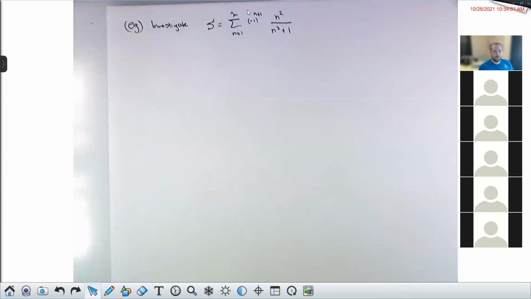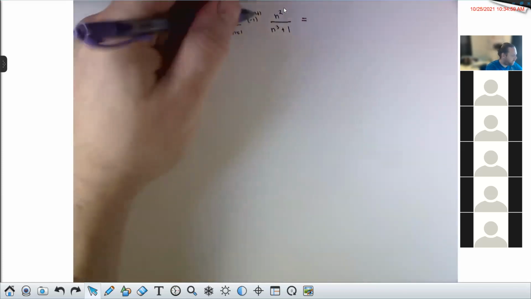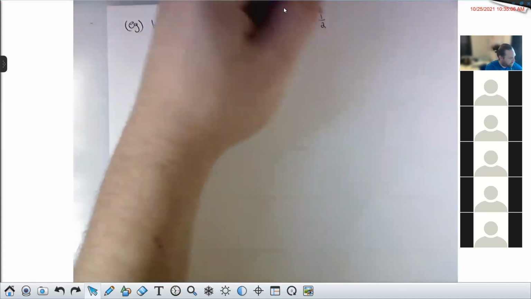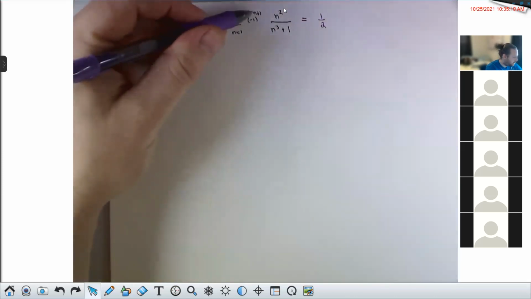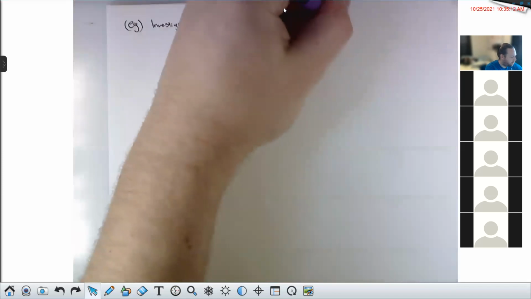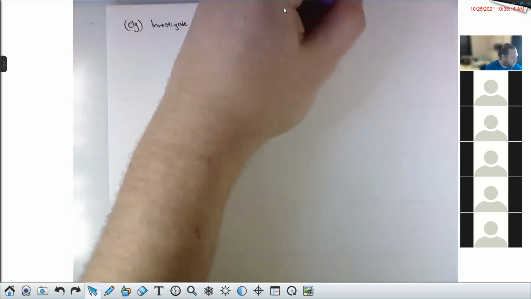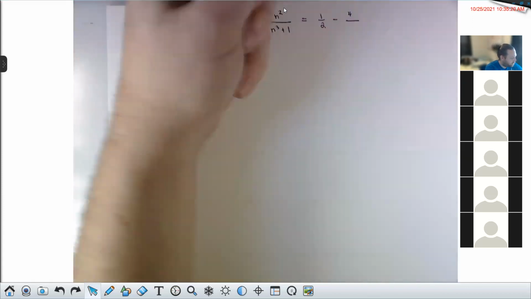So certainly this is an alternating series. Right? If you write out the first few terms, when n is 1, you have negative 1 squared, which is 1, times 1 squared over 1 cubed plus 1, which is 1 half. When n is 2, you have negative 1 cubed, which is negative 1, so that's minus 2 squared is 4 over 2 cubed is 8, so that's 8 plus 1, which is 9.